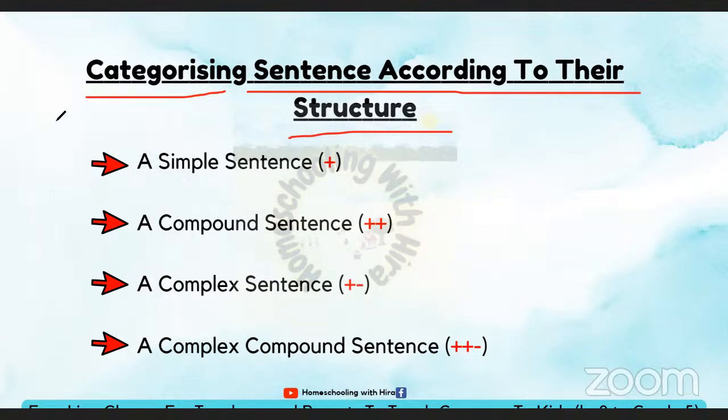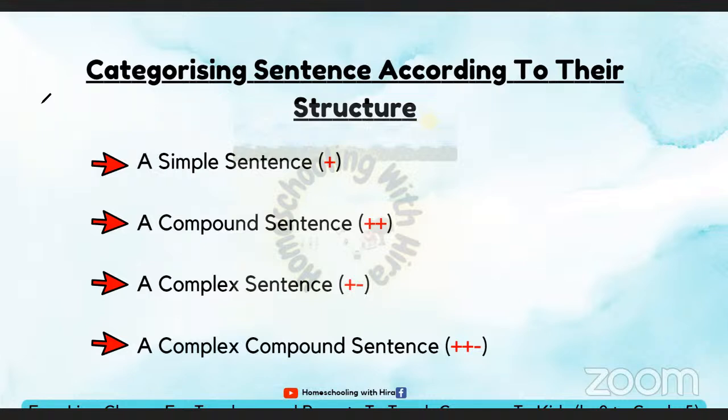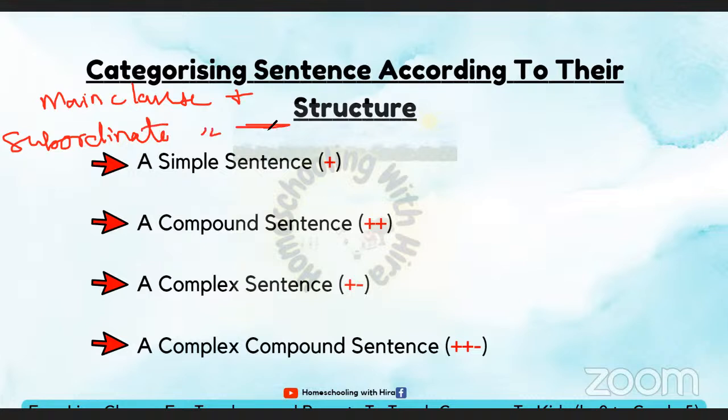I told you that for a complete clause, an independent clause, we have a sign of plus. For a main clause that can make a sentence, we have a plus sign, or for a subordinate clause or dependent clause, we have a negative sign.